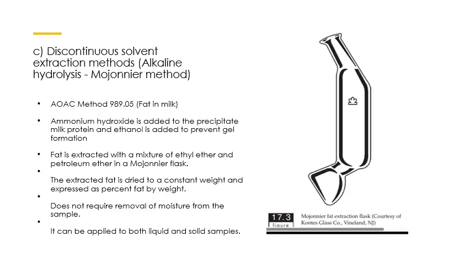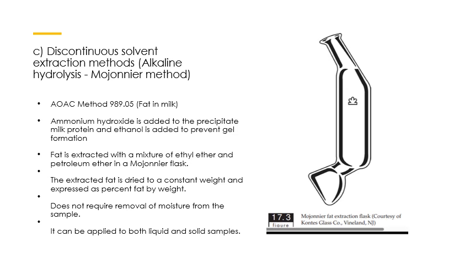Next, we look at discontinuous solvent extraction methods. This is also one of the official methods, the Mojonnier method, which also involves alkaline hydrolysis. It is AOAC method 989.05 to measure fat in milk.